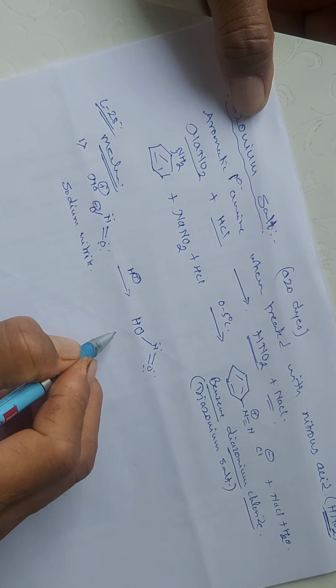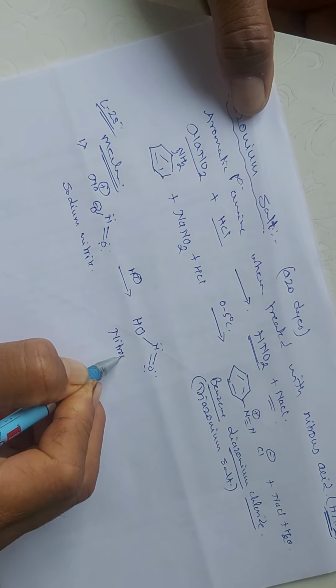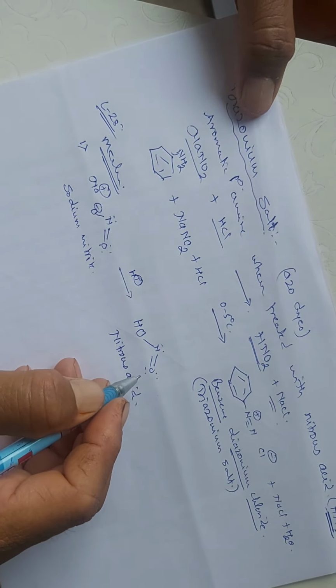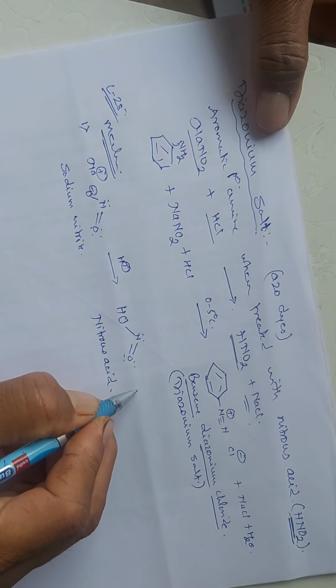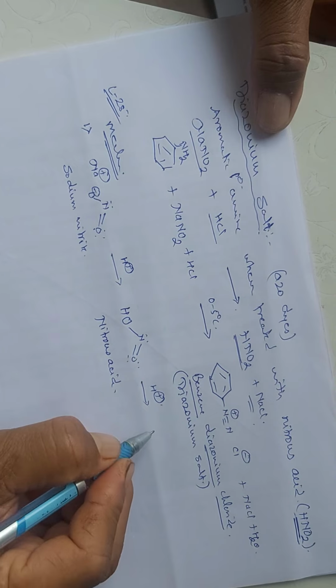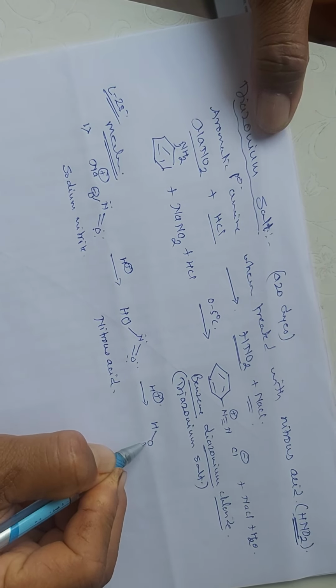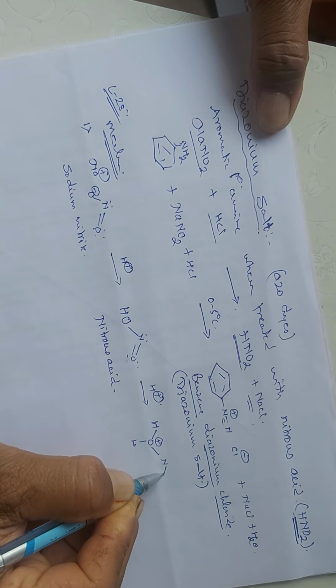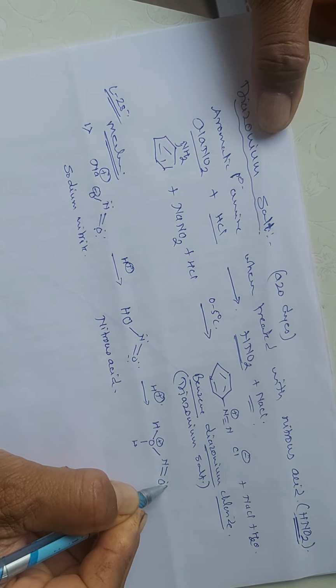Here we get nitrous acid, and this nitrous acid, that is HNO2, further accepts the proton and gives you the formation of H2O+ -N=O.